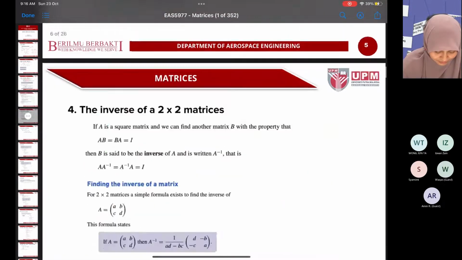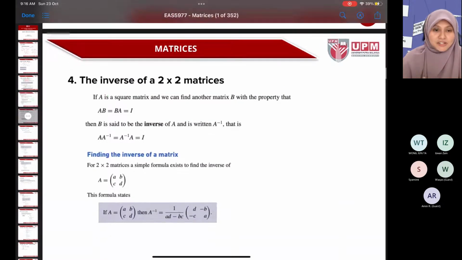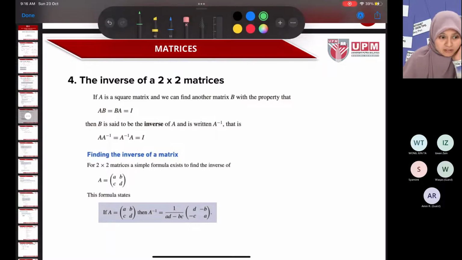And then, okay, the inverse of the matrix. How to find the inverse? For normal real numbers, for example, if we have 5, the inverse of 5 is 1 over 5. But how are we going to do this for a matrix?